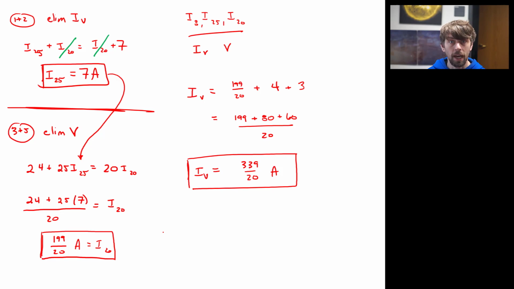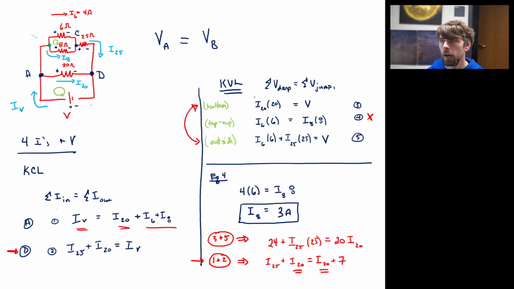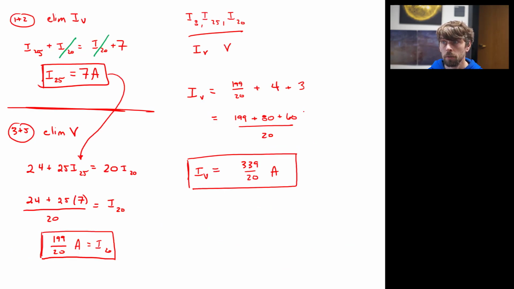Well, of course, we could go back to a loop rule. This one's probably the easiest, right? The current going through the 20 ohm resistor times 20 ohms is equal to the potential of the battery. So might as well do that one.